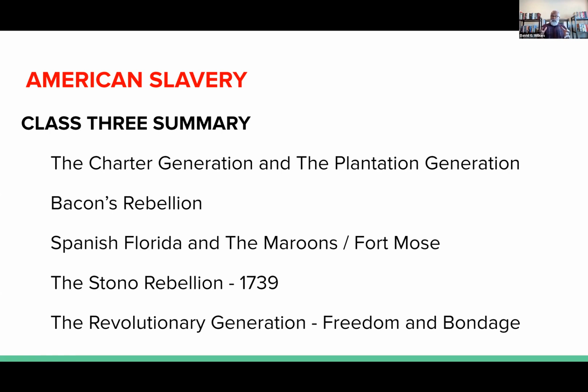We considered the Maroons, the Angola Maroon community that we know existed in Bradenton, which is still being excavated.